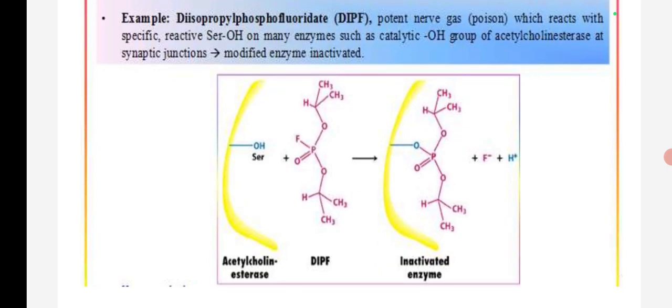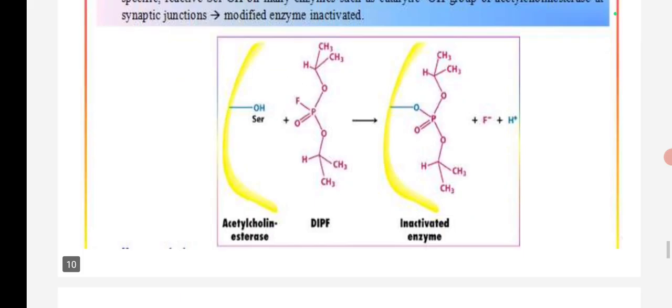Acetylcholine esterase has the hydroxyl group. DIPF reacts with acetylcholine esterase, which releases the fluoride and also protons. Finally we get the inactivated form of the acetylcholine esterase enzyme.